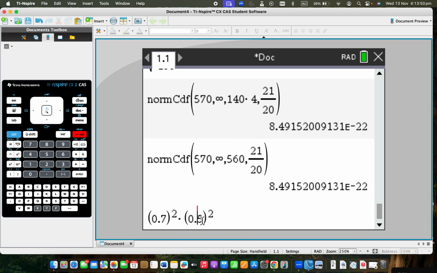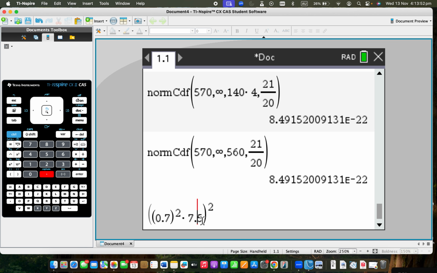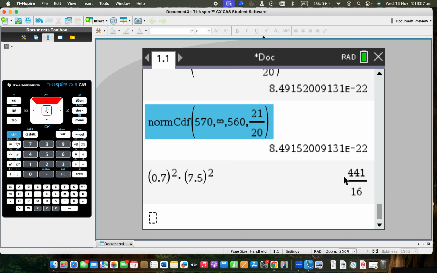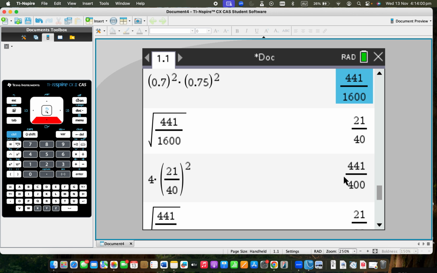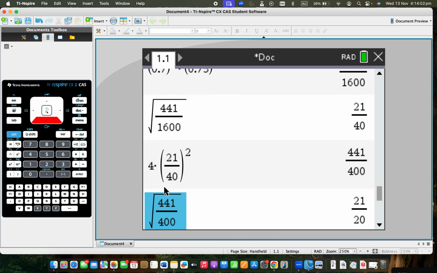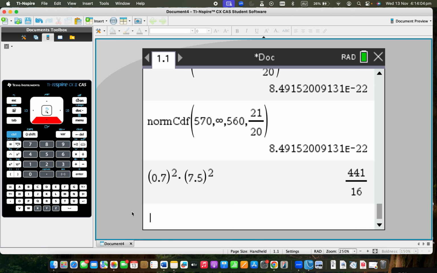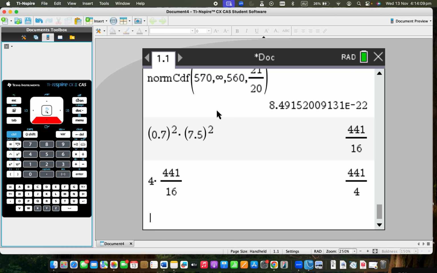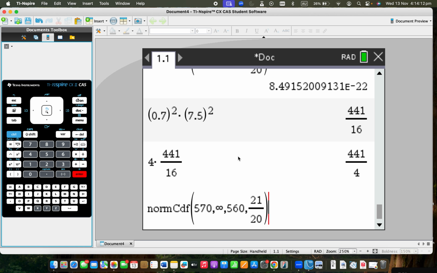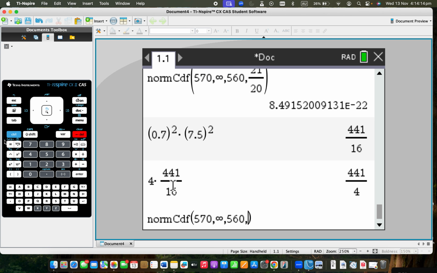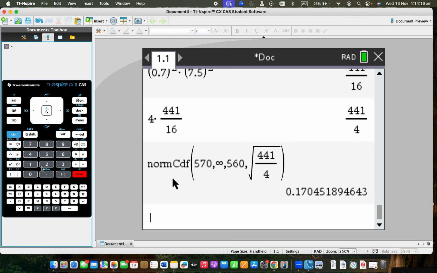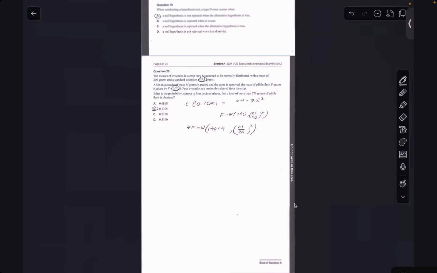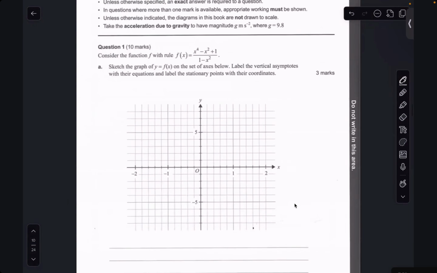I did 0.75, but it's 7.5 for some reason. Okay, so it's that. Now what else did I do? And then we should multiply that by 4. And then the square root of that is the... okay, 0.1705. Okay, so that's the multiple choice.